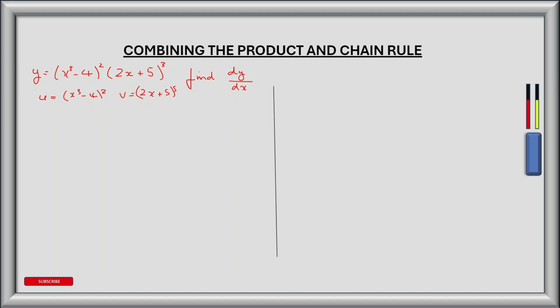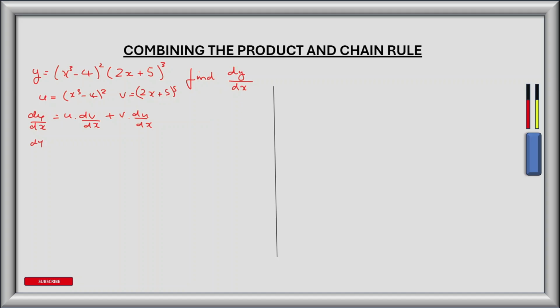So the product rule says dy by dx is equal to u times dv by dx plus v times du by dx.